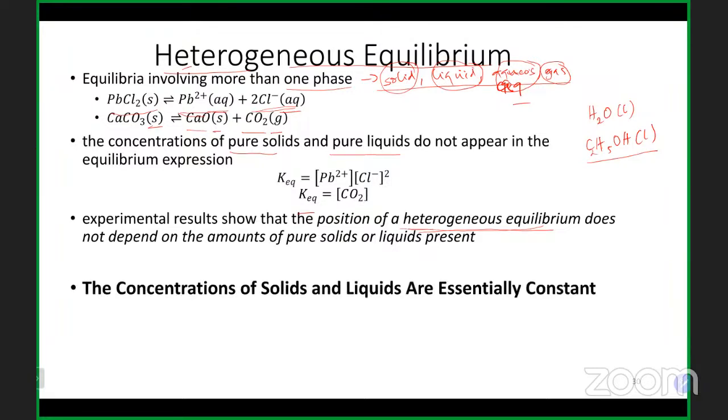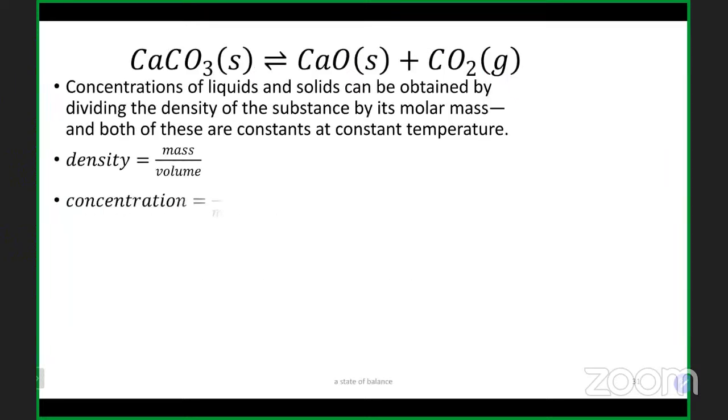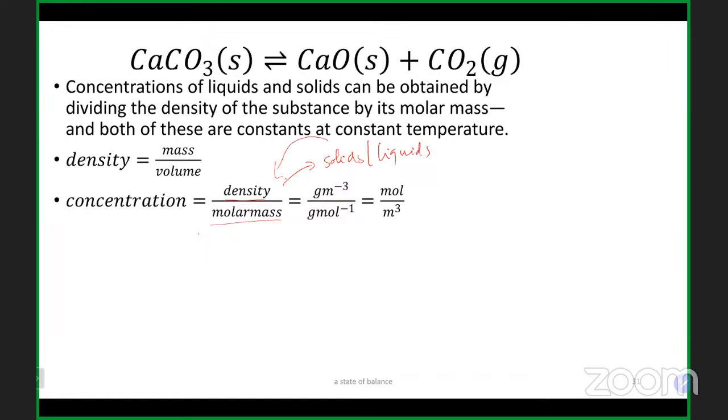And why is that so? The concentrations of solids and liquids are essentially constant. Why are they constant? It's simply because in our activity definition, the concentration is density over molar mass. So for both solids and liquids, you can only look at them in terms of density per molar mass, which still gives you mole per dm cube.